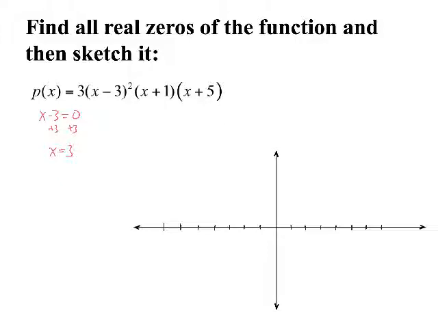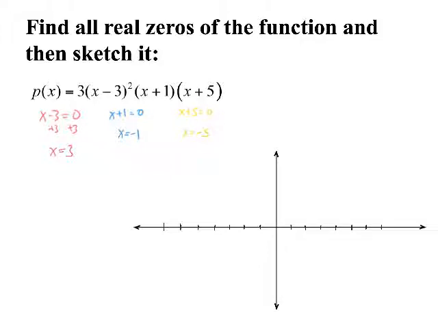So 3 would make the first piece 0. So what makes this equal to 0? Hopefully, you can see it's -1. All righty, and what makes x plus 5 equal to 0? Hopefully, you can see that would be -5. So this makes that 0, this makes that 0, and this makes that 0. So those are my zeros.